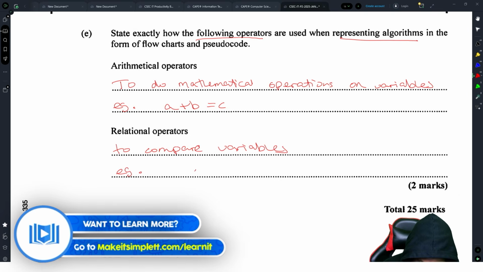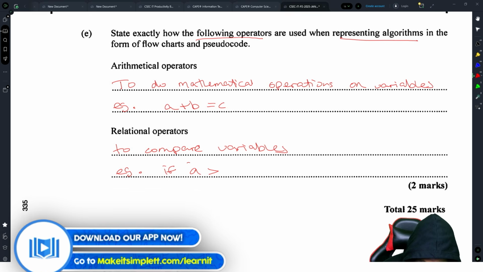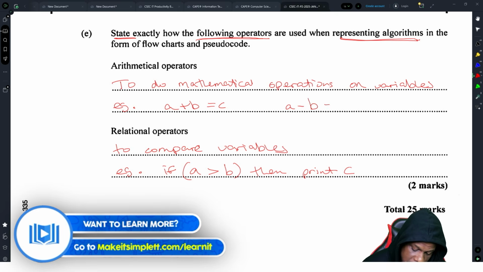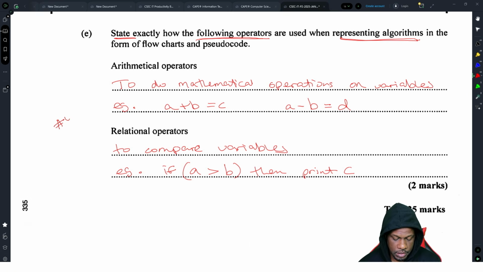Example, if A is greater than B, then. That's all I can think of, because they want you to state exactly how the following operators are used when representing algorithms in the form of flowcharts and pseudocode. So arithmetic is just to do mathematical operations. For example, A minus B is equal to D. Just give as many examples, like yap a bit here, because this one is kind of confusing.